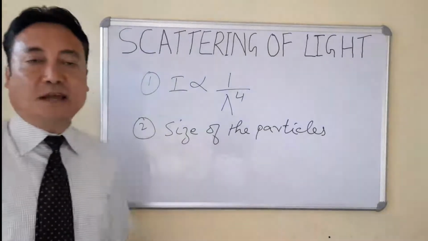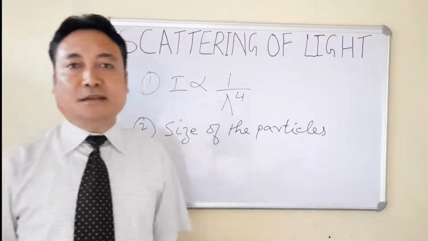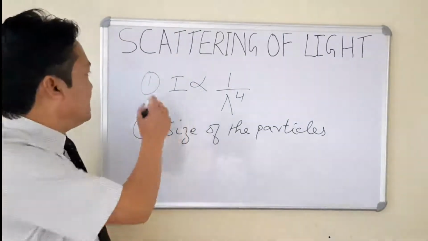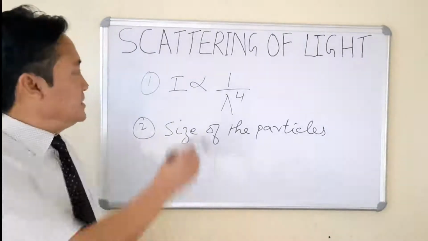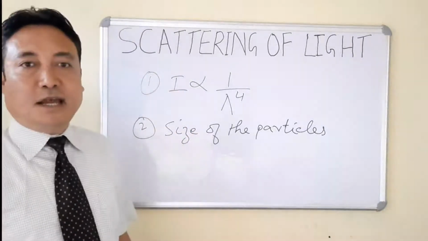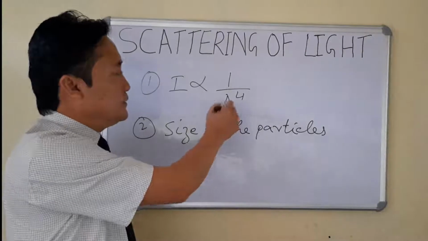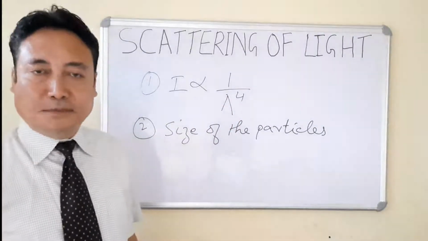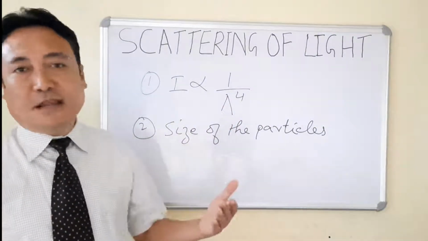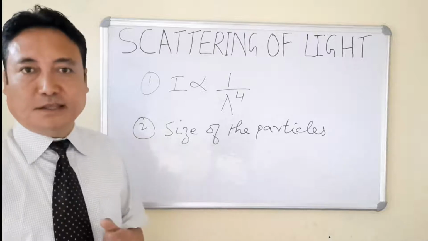So these are the two factors on which the scattering of light depends. Now let us discuss the first one. The intensity I of the scattering of light is inversely proportional to the fourth power of wavelength.